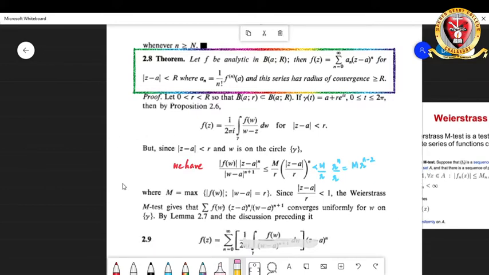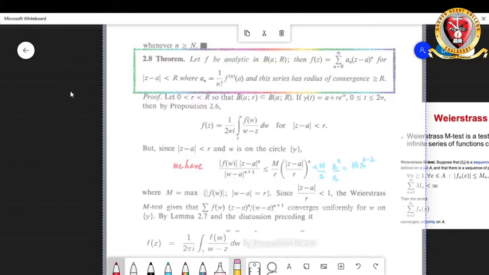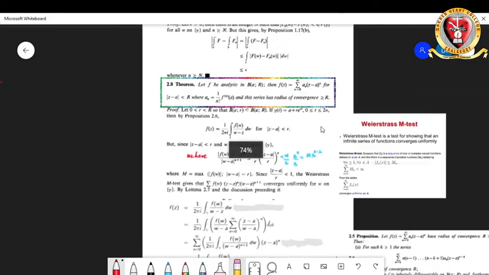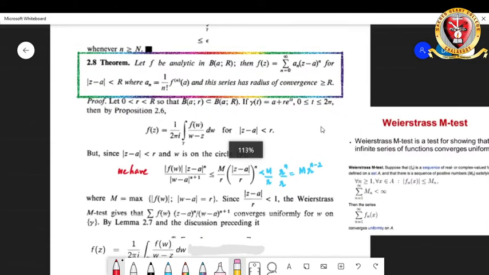That means they are concentric circles. Suppose it happens to be like this: if this is some a, this will be B_A of small r, and this will be B_A of capital R.